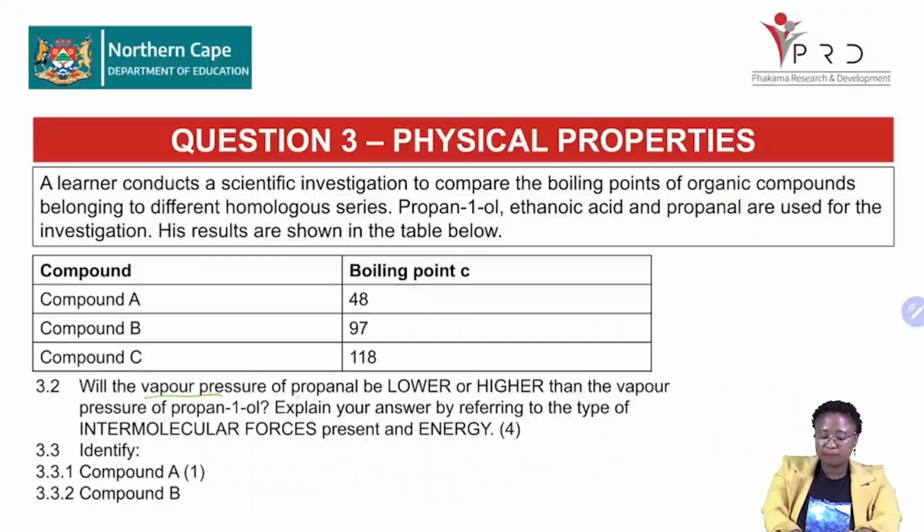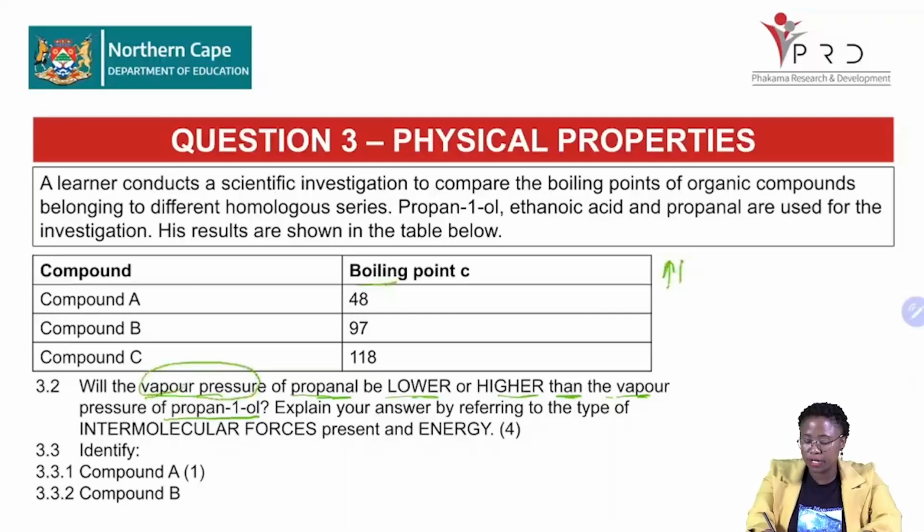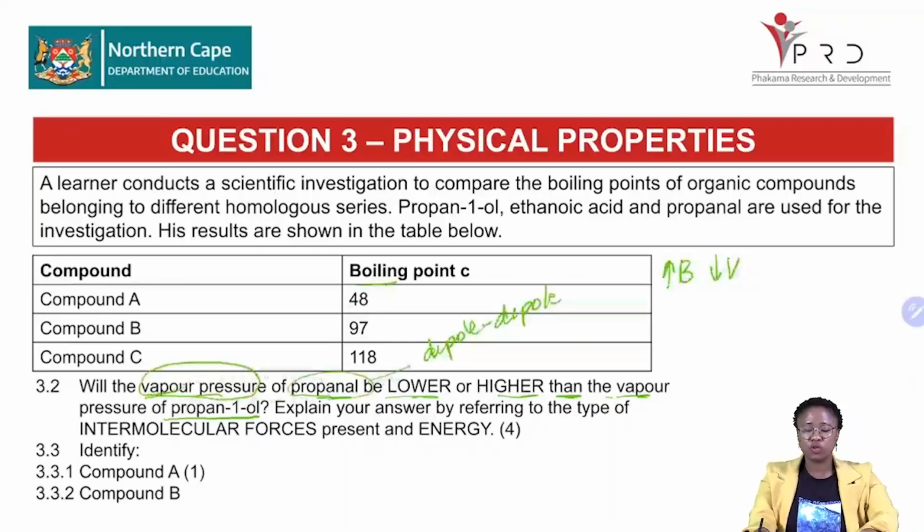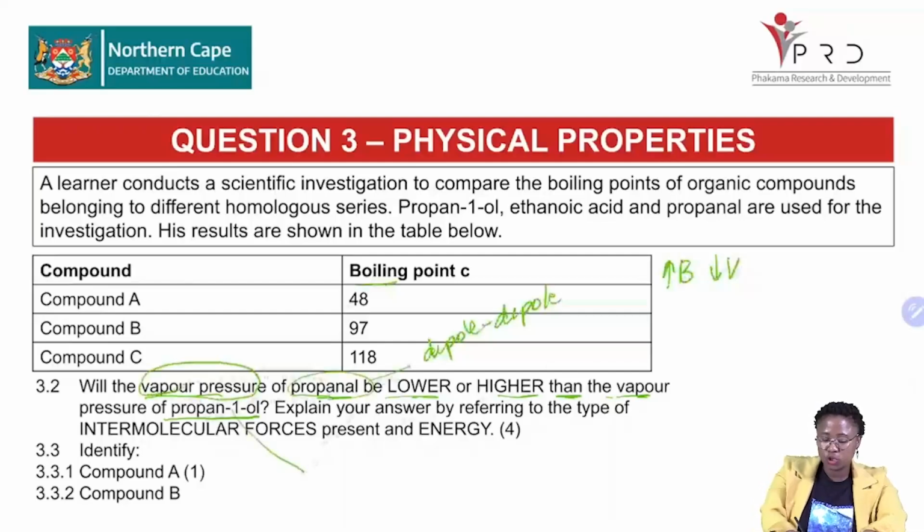will the vapor pressure of propanol be lower or higher than the vapor pressure of propan-1-ol? Remember, what is the relationship between vapor pressure and boiling point? The higher the boiling point, the lower the vapor pressure. So over here, I have propanol. Propanol, I know that it has strong dipole forces, and your propan-1-ol has stronger hydrogen bonds.